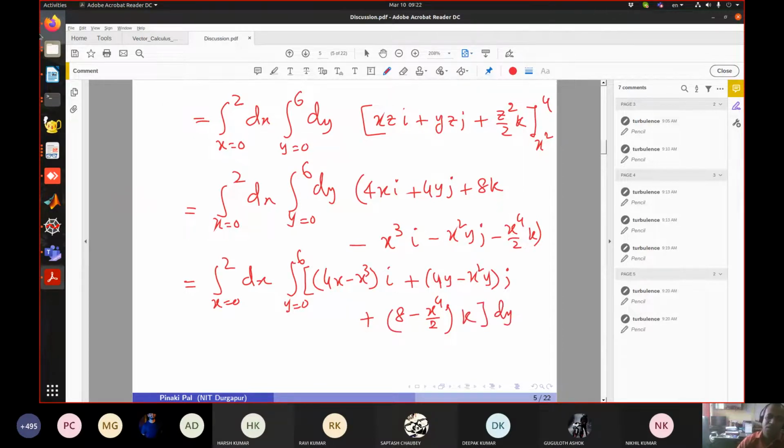And note that once again we will consider x to be constant while evaluating this y integral.